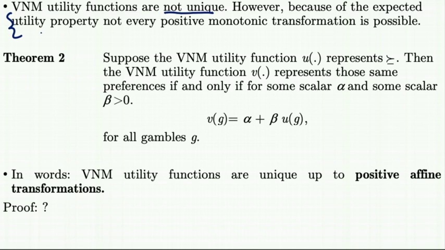Suppose the von Neumann-Morgenstern utility function, denoted as U here, represents the preference relation 'at least as preferred as'. Then another von Neumann utility function, represented as V, represents those same preferences if and only if, for some constant, call it alpha, let's say alpha is 5 or 0.5 because it's a constant, and some other constant scalar that has to be positive, call it beta, we have this relationship between V and U for all gambles G.